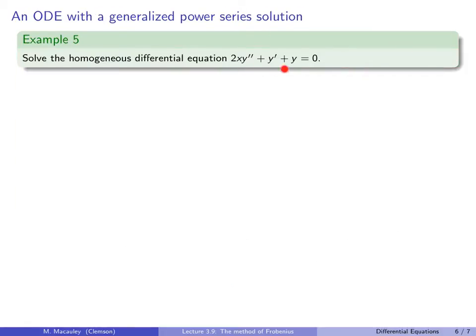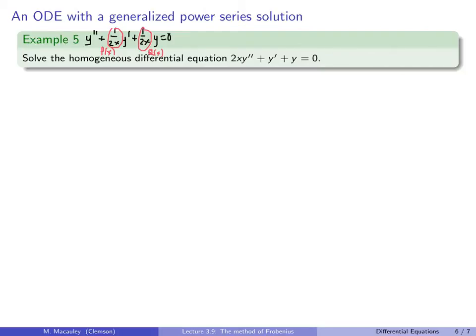Here's a differential equation, and we'll use this power series method. So first of all, let's write this using our standard form. So this is y double prime plus 1 over 2x times y prime plus 1 over 2x y equals 0. So this is going to be our p of x, and this is going to be our q of x.